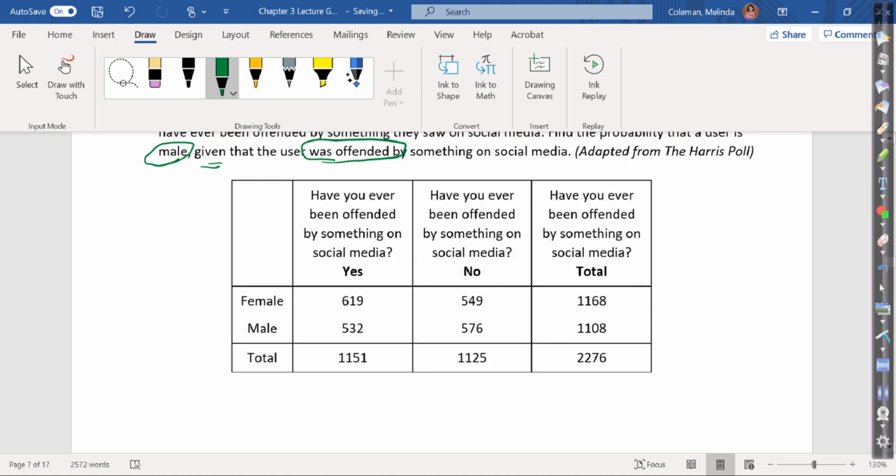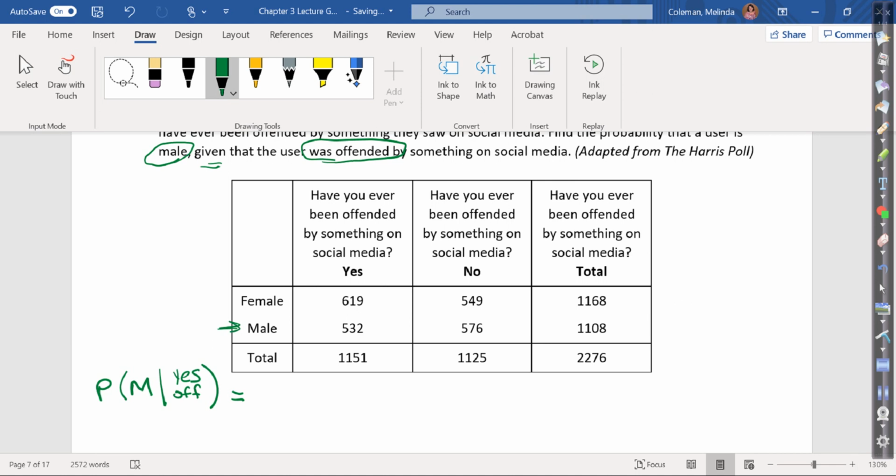So this is going to be the probability that we have a male, given that they were offended. So yes, offended. So probability that we chose a male, well, that's going to come from this column.